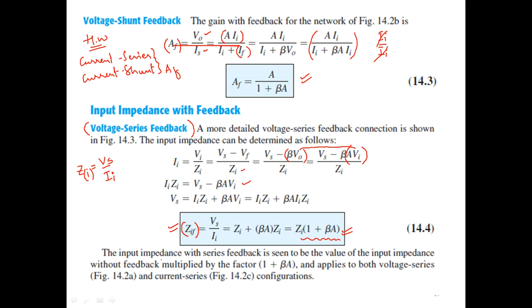It states that the input impedance without feedback is multiplied by the factor 1 plus beta A. Now this applies to both voltage series as well as current series configurations. These figures correlate to the ones which are mentioned in your textbooks.